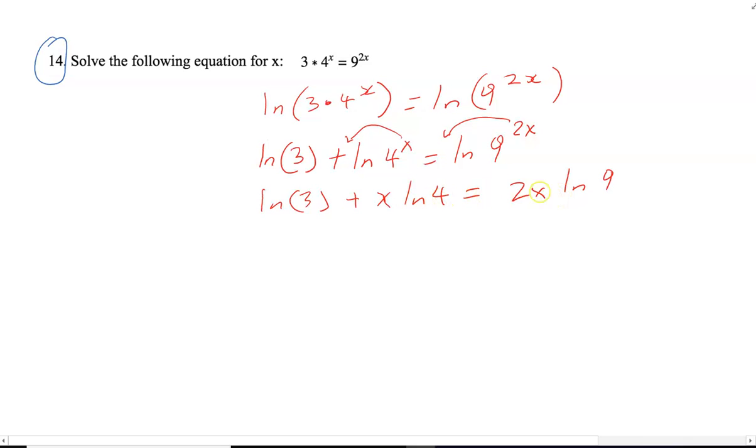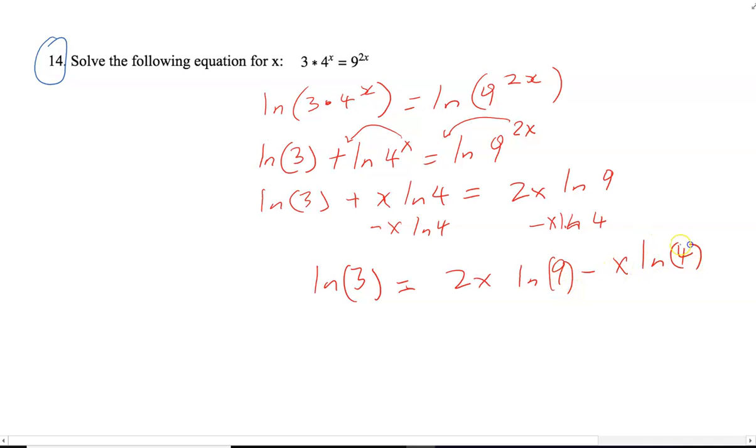Then we want to get the x's to the same side. So if we subtract x ln of 4 from both sides, ln of 3 is equal to 2x ln of 9 minus x ln of 4.